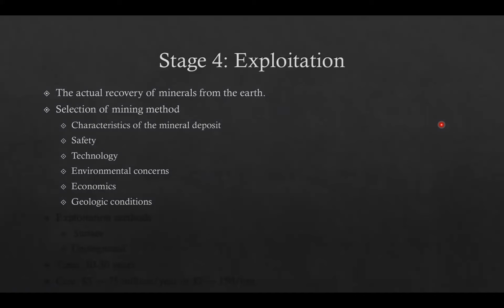Traditional exploitation methods fall into two broad categories based on the location, which is surface or underground. This stage usually lasts for 10 to 30 years based on the nature of the project, but it can even be extended up to centuries if the deposit is too big or if the extraction rate is too low.